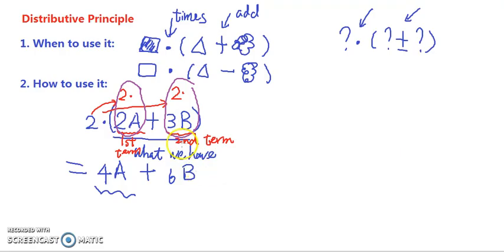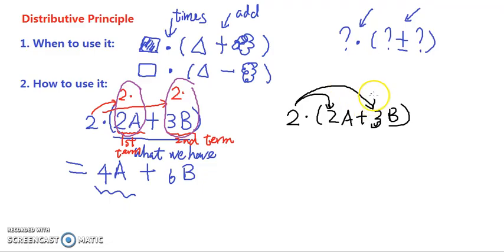The reason we call it the distributive principle is that we distribute the 2. The 2 is like a common factor in front of 2 apples and 3 bananas, and we distribute this 2 to both of the terms we have. Because it's a multiplication between this number and the terms inside the parentheses, we do this multiplication.